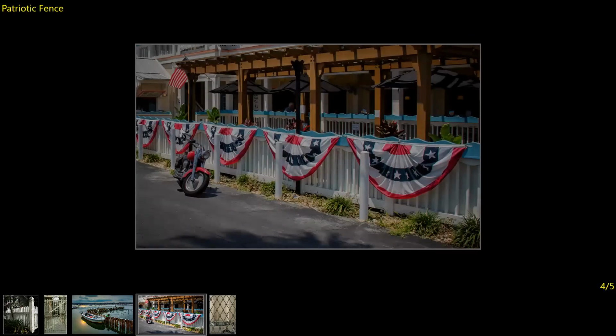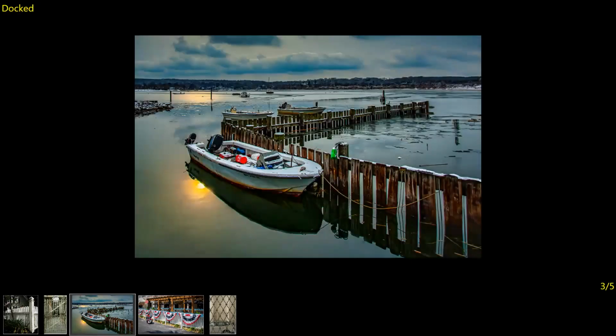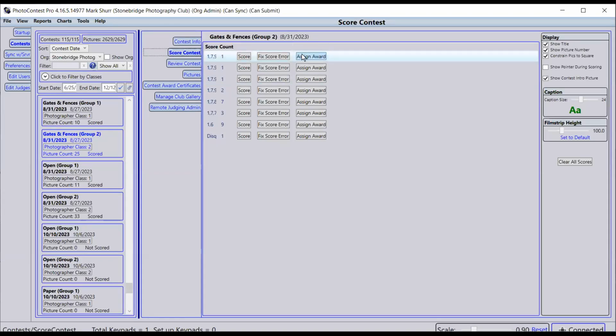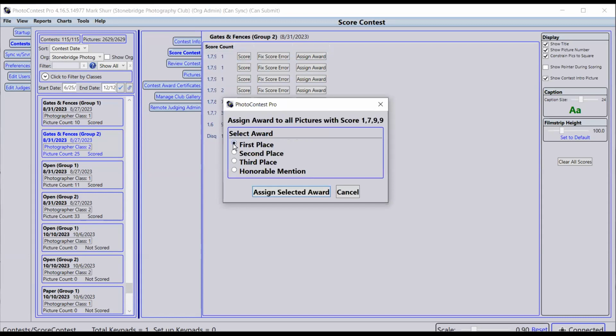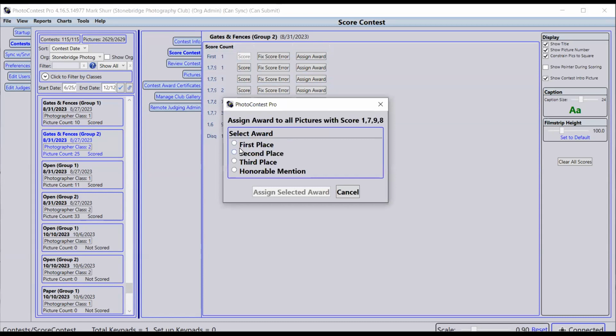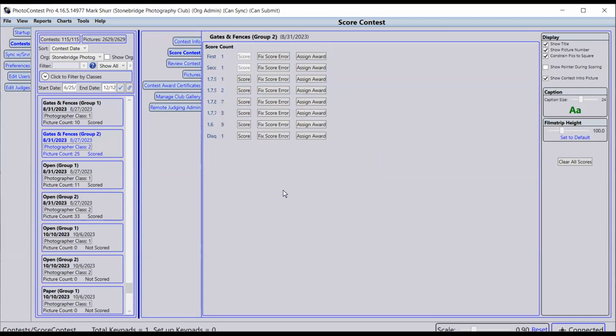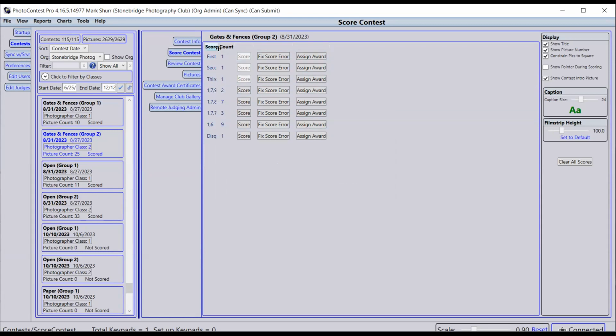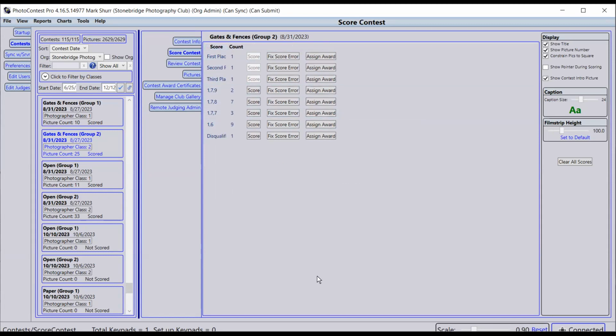The boat. Let me just see. This was mine. These were mine.